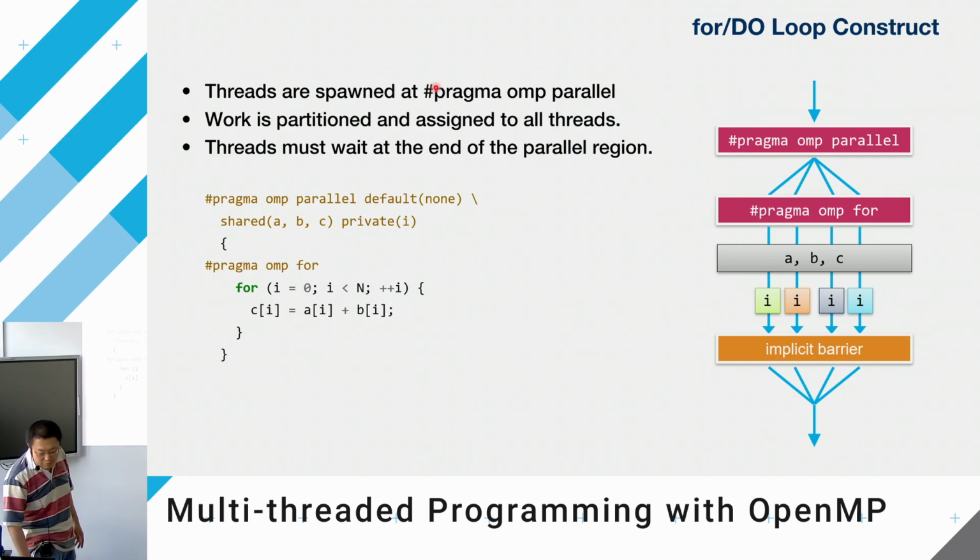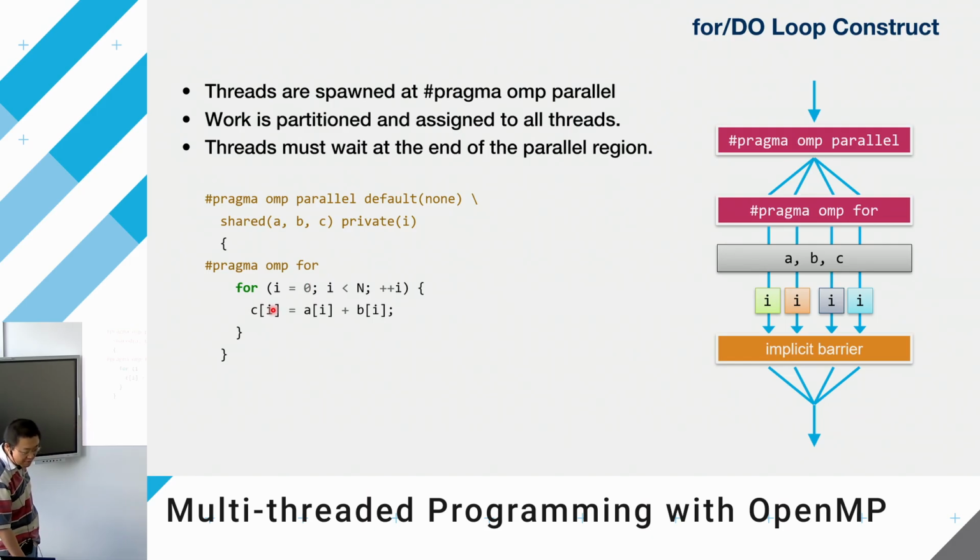To start multiple threads, we have talked about this, by using OpenMP parallel. As you can see, you start the multiple threads, and then you can partition the work to share it among those threads. To do that, for the for loop, very simple, just put OMP for. That's it.